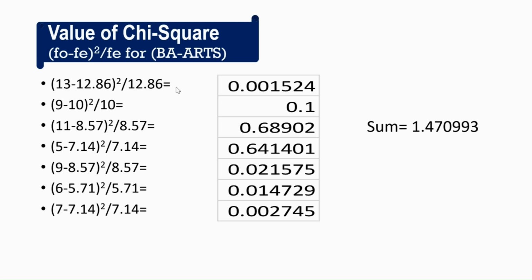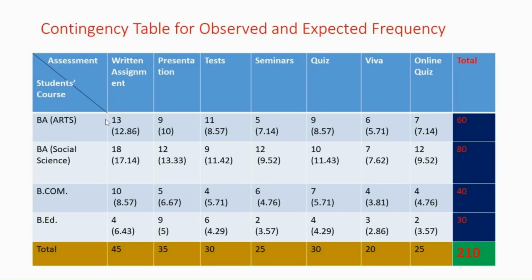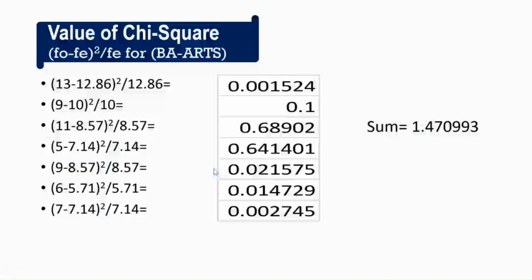And we can see that here in the second row it is written (9 minus 10) square divided by 10. Similarly, for all the cells, we can find the value of (FO minus FA) square divided by FA for the BA Arts students. And in this way, we get these frequencies.